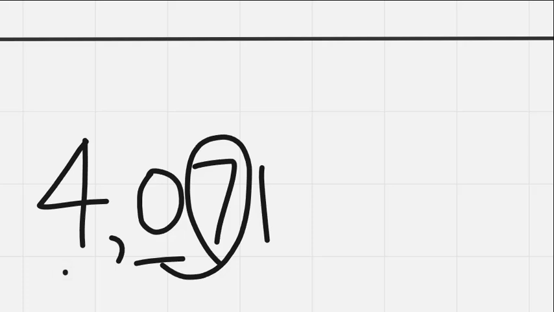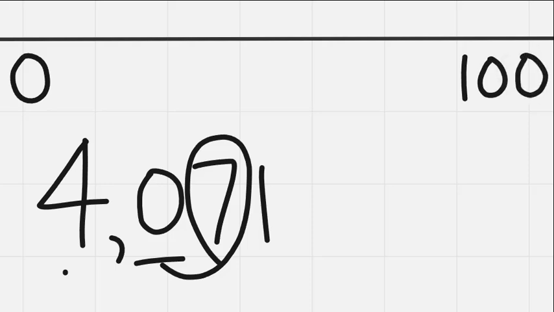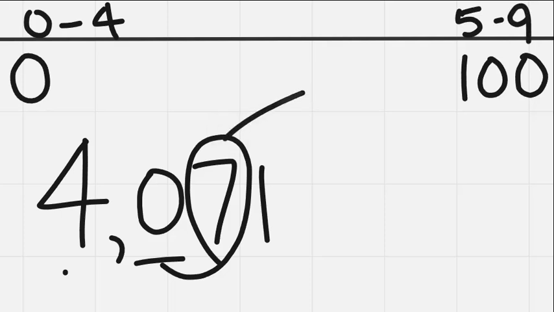Now this might be a little tricky. Which two numbers is 0 between? 0 goes between 0 and 100. So those would be the two numbers we're rounding between. If you remember, 0 to 4 rounds down and 5 to 9 rounds up. The 7 tells us we're going to be rounding up.